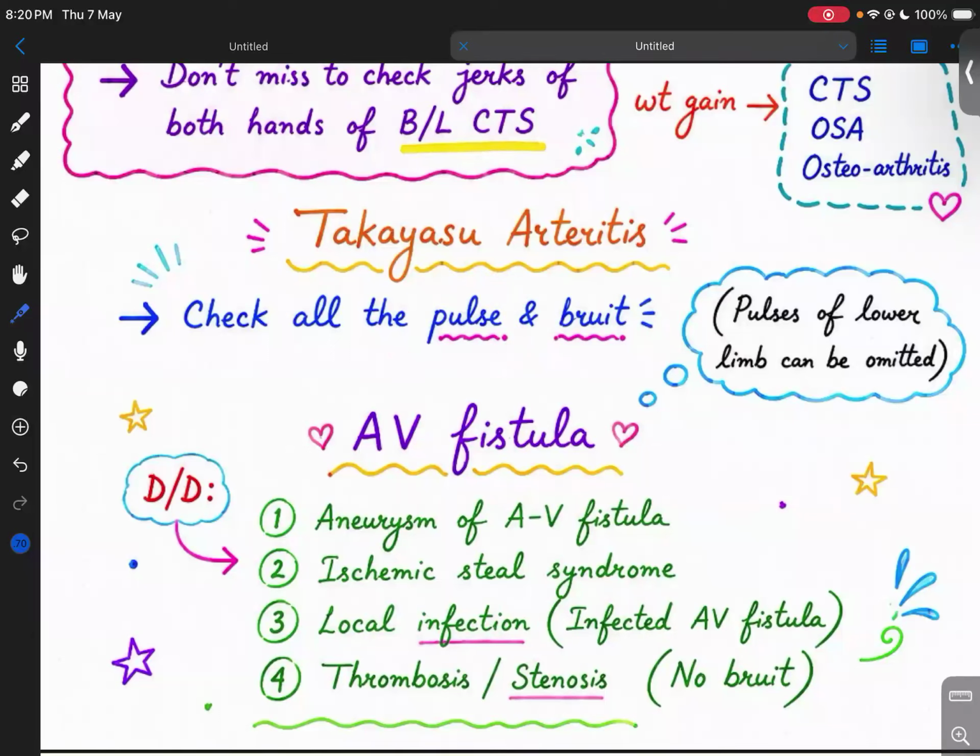And one thing is that we can skip examination of the lower limb, that is pulses of the lower limb. Can any doctor give the answer why skipping examination of the pulses of the lower limb can be done? Why it can be omitted? In case of Takayasu arteritis, this exact question was asked to a candidate at Kolkata Center by a British doctor.